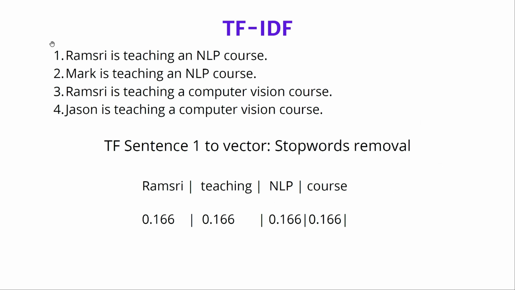Anyways, we are still at the conversion of this first sentence into a vector, and we have just removed some frequently occurring words that we called stop words, and we just got this as the vector. Essentially, this sentence can be replaced with a list of 4 numbers where each number is 0.166, and you know the corresponding columns or features. So simply this could be represented as a 4-value vector.